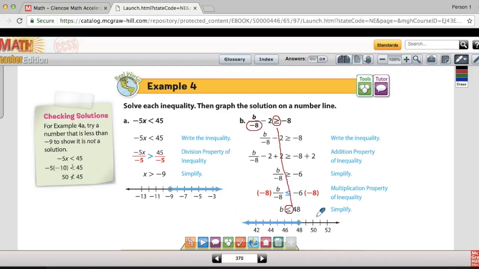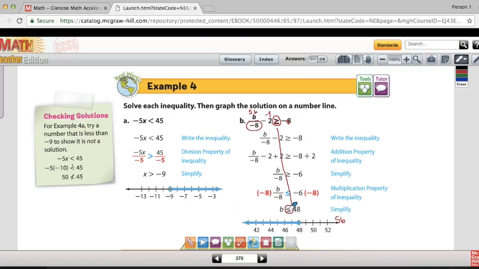It's because, let's pick a number greater than 48. Let's just say 56. Let's put that in here. What's 56 divided by negative 8? That would be negative 7. Negative 7 take away 2 more is negative 9. And negative 9 is not greater than negative 8.